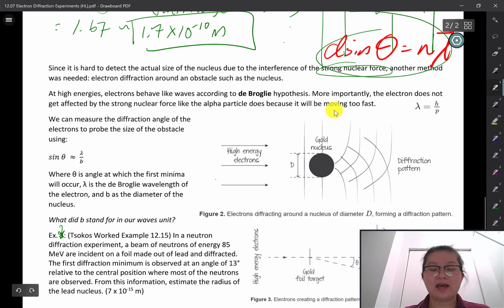What would happen is that you have high energy electrons incident, say, on a gold nucleus, for example. It will diffract around it such as a wave would, modeling the matter-wave duality principle, in which the diffraction pattern is going to look very much like a single slit diffraction pattern.